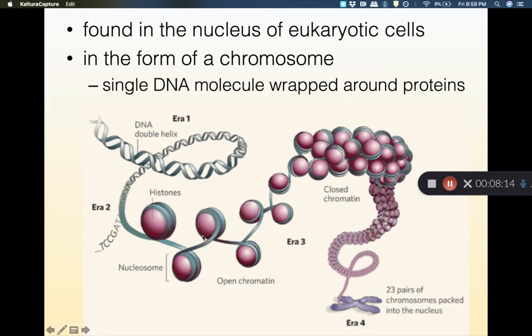These histones help pack the DNA into this closed chromatin formation that creates that classic X-like shape you're used to seeing in your textbooks. We're going to pick up on understanding the 23 pairs of chromosomes that we as humans use, and how that DNA gets read in the body.